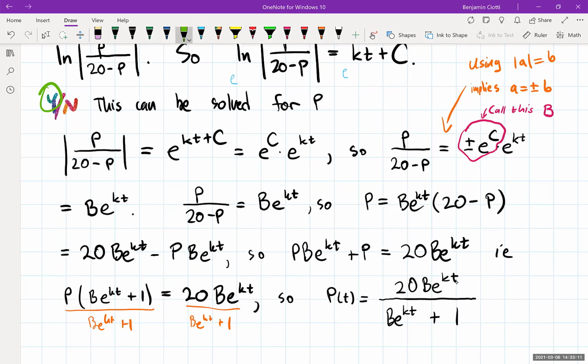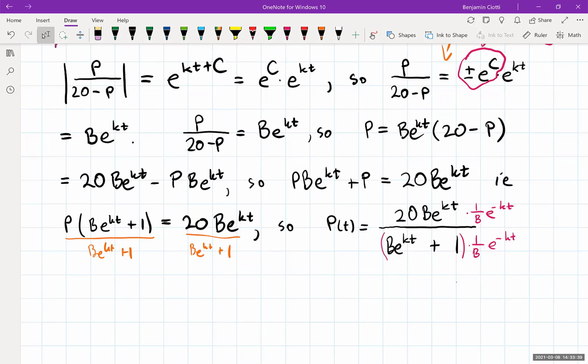And I'm not quite done cleaning it up. So typically we'll make this look a little bit simpler by multiplying top and bottom. I'm going to divide out the b and also the kt term.